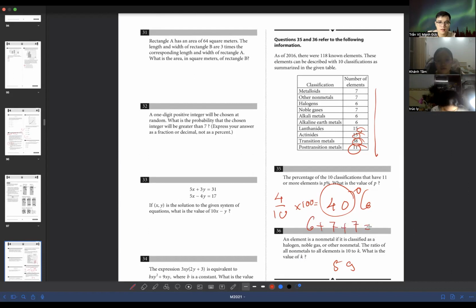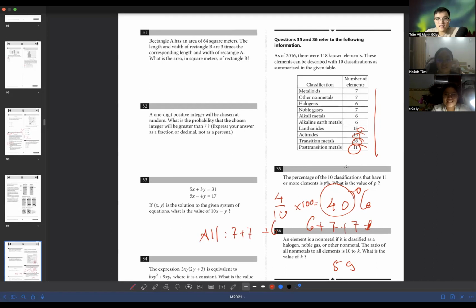And the total of all elements is 7 plus 7 plus 6 plus 7 plus 7. Oh, you just have to say that's the sum of everything, okay?